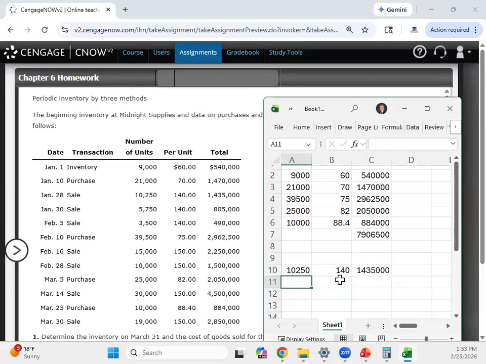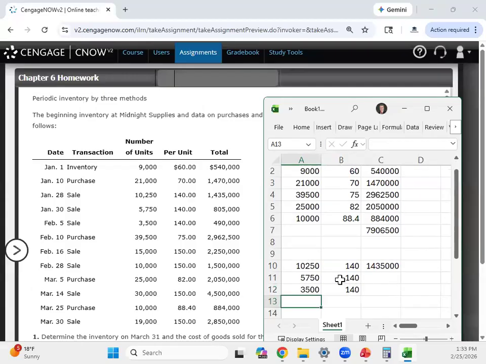So then we take 5,750 units at 140 a unit. And then we had 3,500 times 140. Then on February 16th, we had 15,000 units at 150.